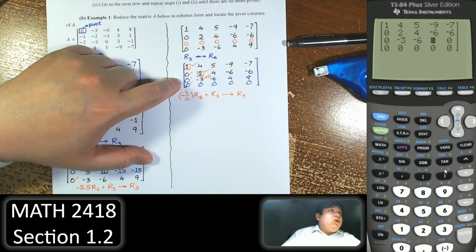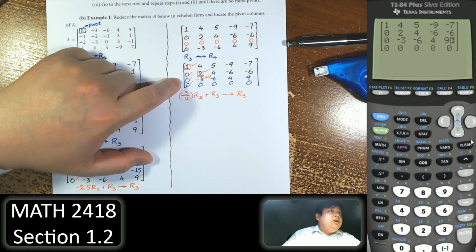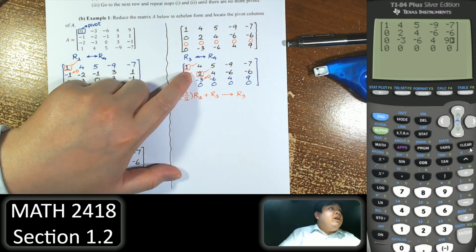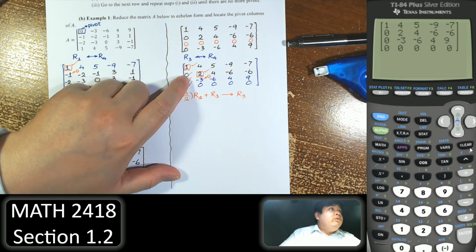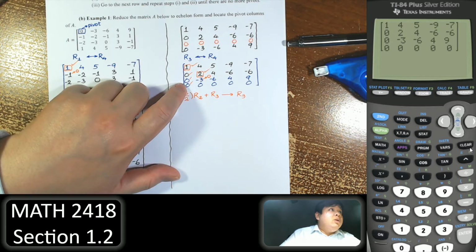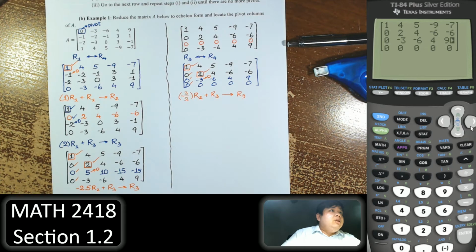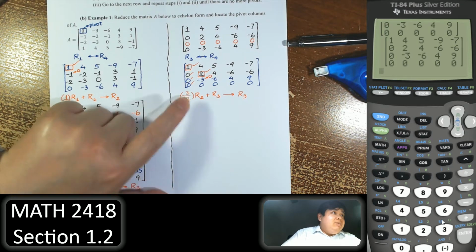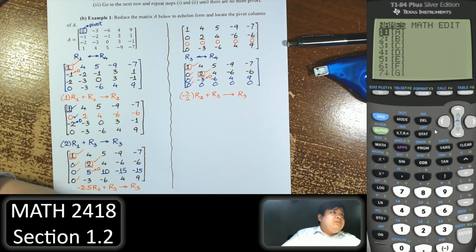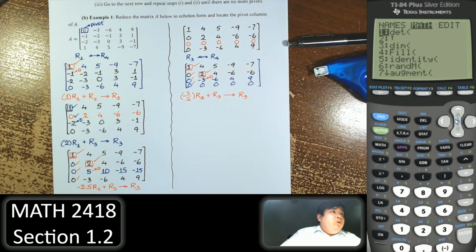Like I said, we do not do this on every problem. Right, 1, 4, 5, negative 9, negative 7, 0, 2, 4. Right. Now we're going to do that. I just forgot to do the row swap here.